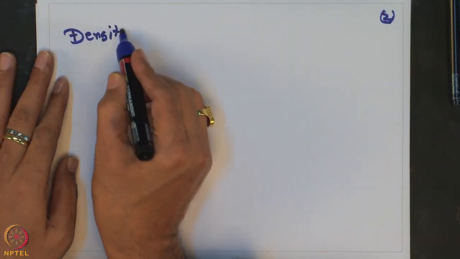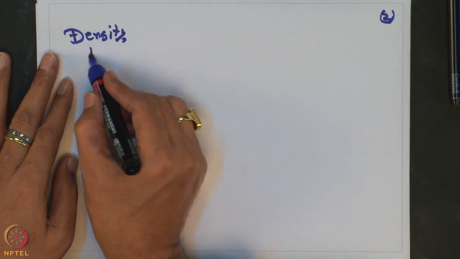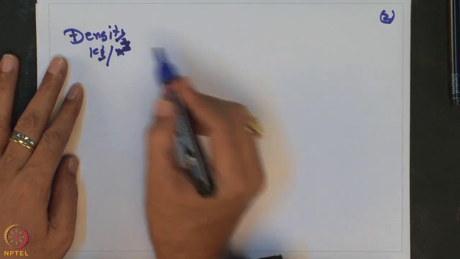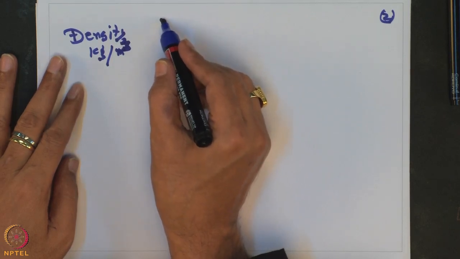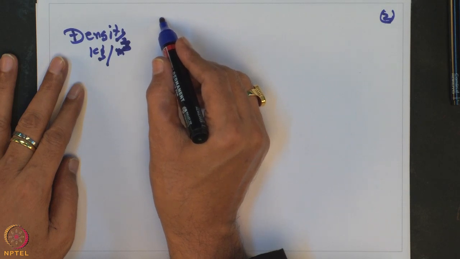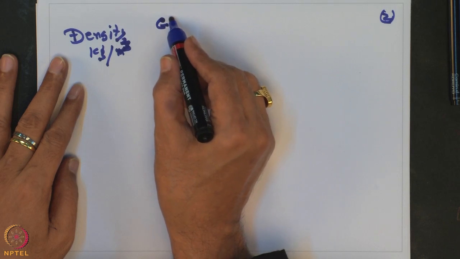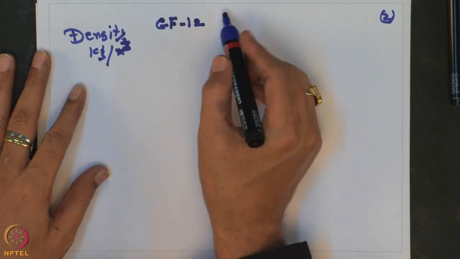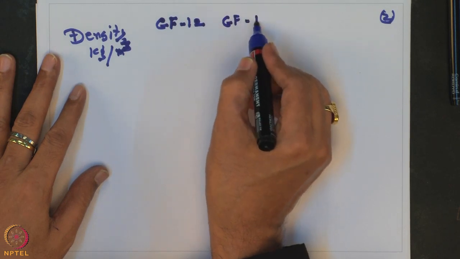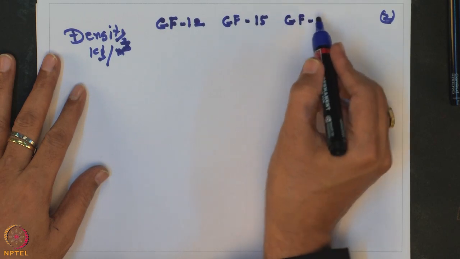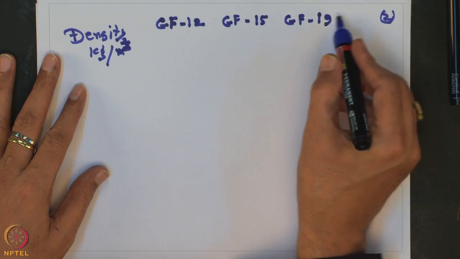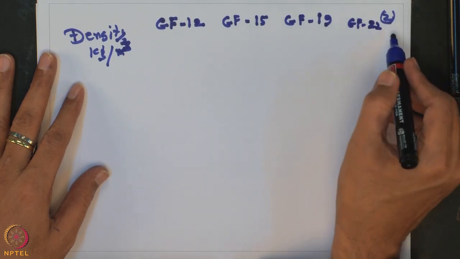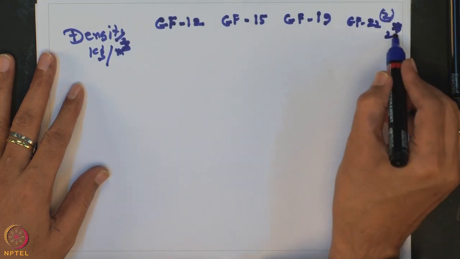So, let us consider the density of the geofoam in kg per meter cube, and this is geofoam, let us say GF, whose density is about 12, or geofoam density may be 15, or 19, or 22, or 29.